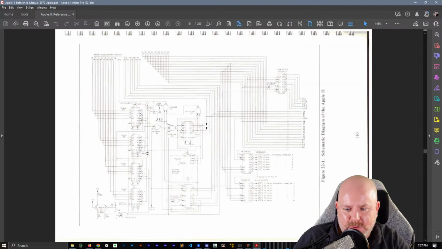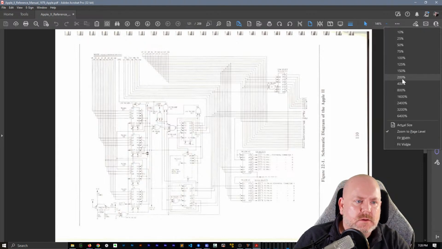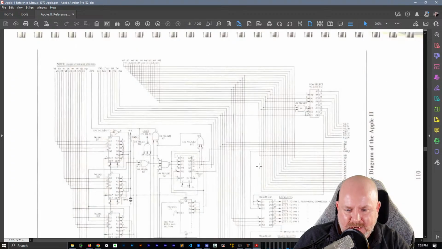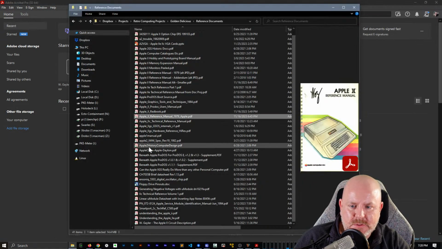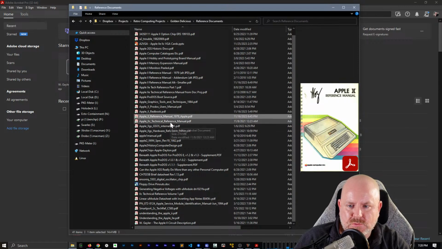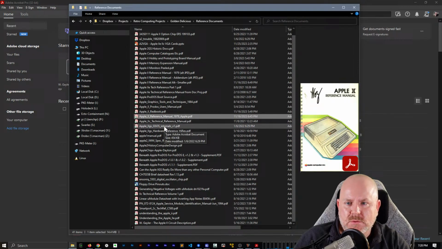Okay, I hate this one. I can't read that. I think I have another copy of this because I couldn't read that one. Nope. No. Where? I thought I did.